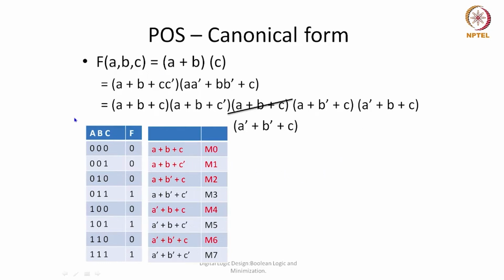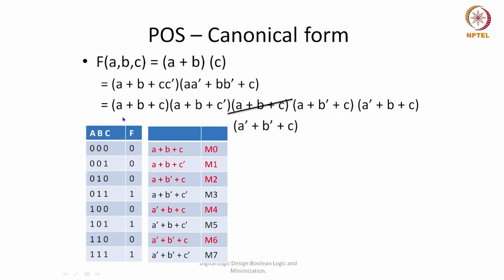In other words, all these sum expressions have to be false to make the whole f as 1. So I'll repeat. Let us say I have product of sum. Any of the sum terms being 0 will make the whole expression 0.